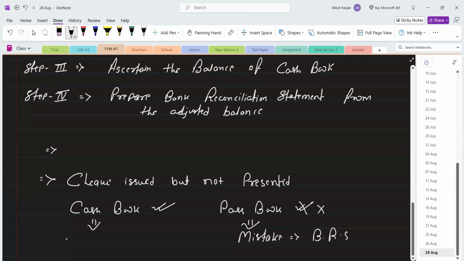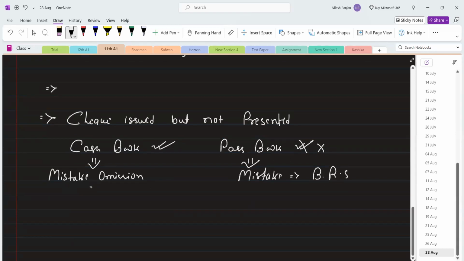All the cash book mistakes or omissions, both, will go to cash book.